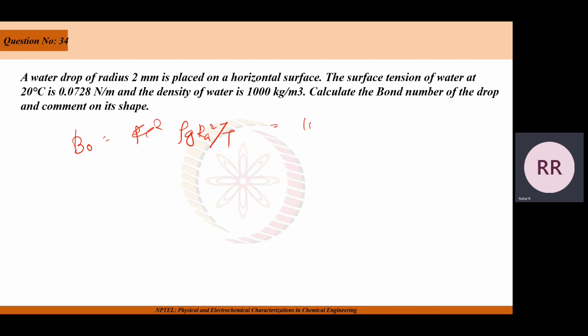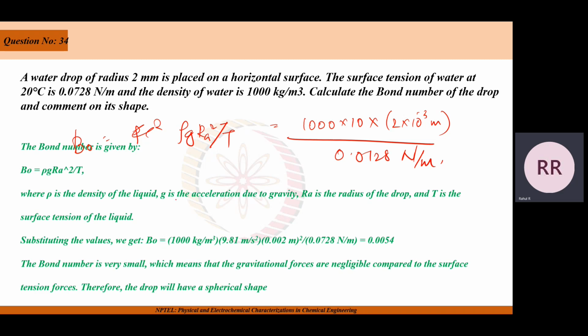Rho is given as 1000, g can be taken as 10, and R is 2 into 10 raised to minus 3 meters, divided by T, which is given as 0.0728 Newton per meter. Cancelling out and simplifying, we get the value to be 0.054.